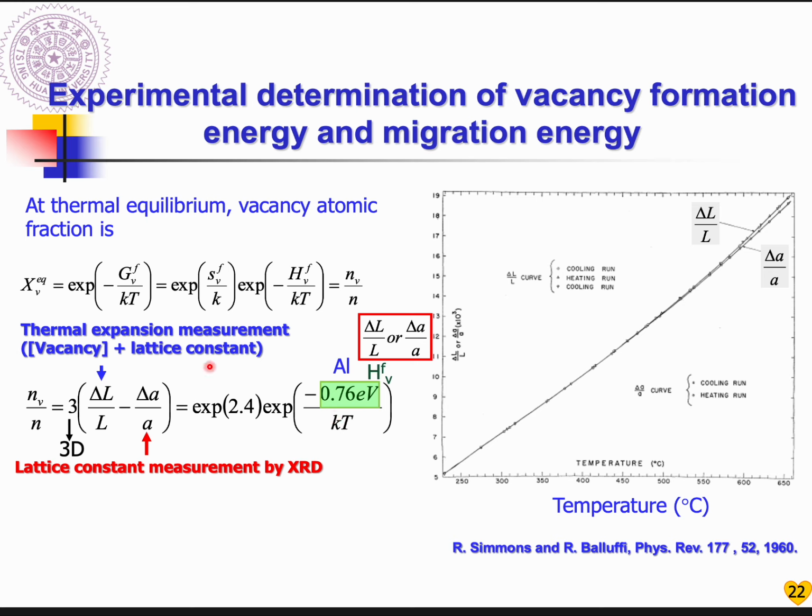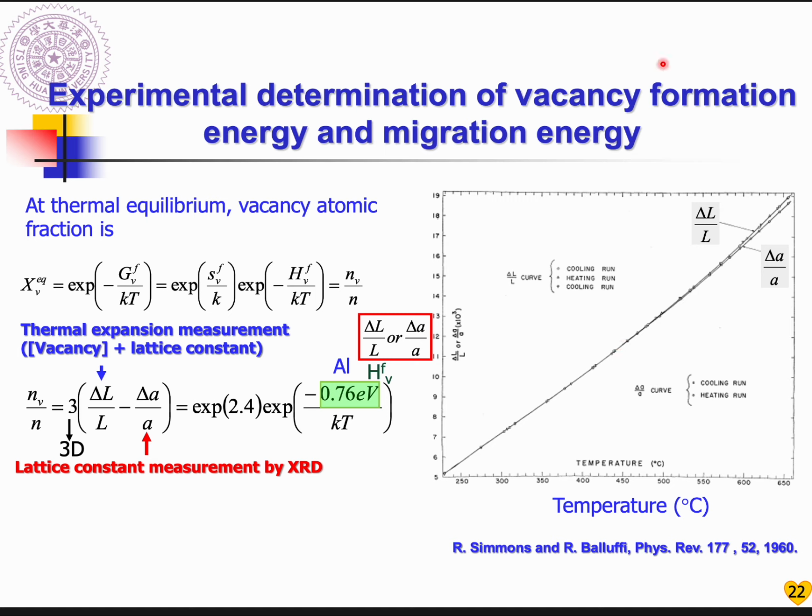The intercept is this term, and the slope will be minus vacancy formation energy divided by k. Then after fitting, you take the slope times k times the negative sign, and you get the vacancy formation energy. Okay? So this is how the story goes. So now you know the vacancy formation energy through your measurement.